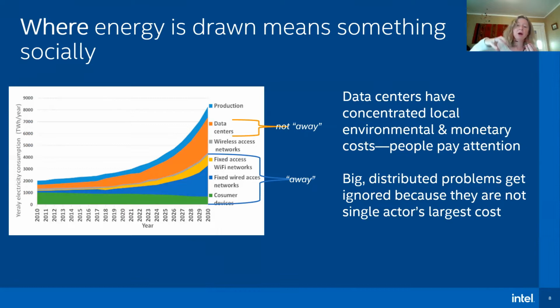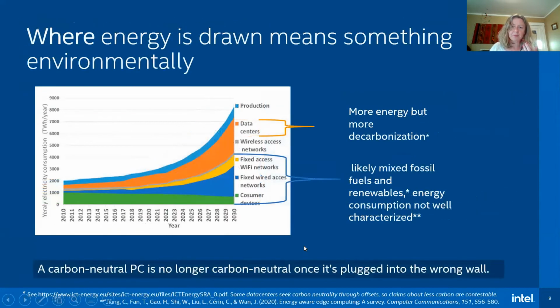And so having energy, and therefore greenhouse gas emissions, be anybody's particular responsibility is a lot harder to come by, because things are sort of peanut-buttered around, right? What that means is that there are real environmental consequences to that social dynamic.